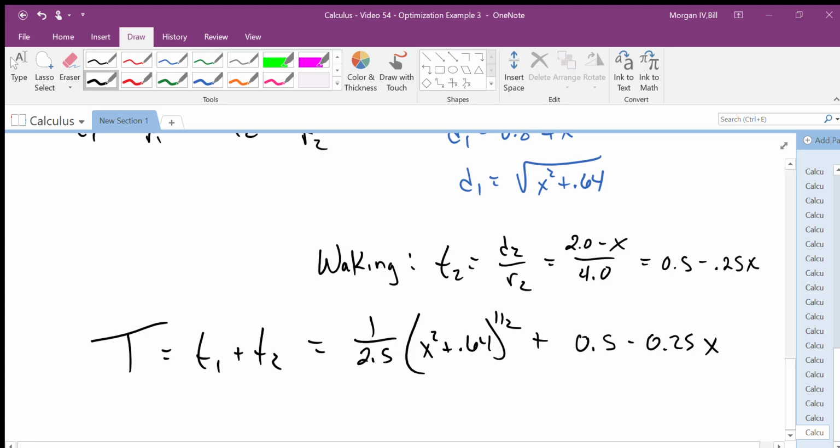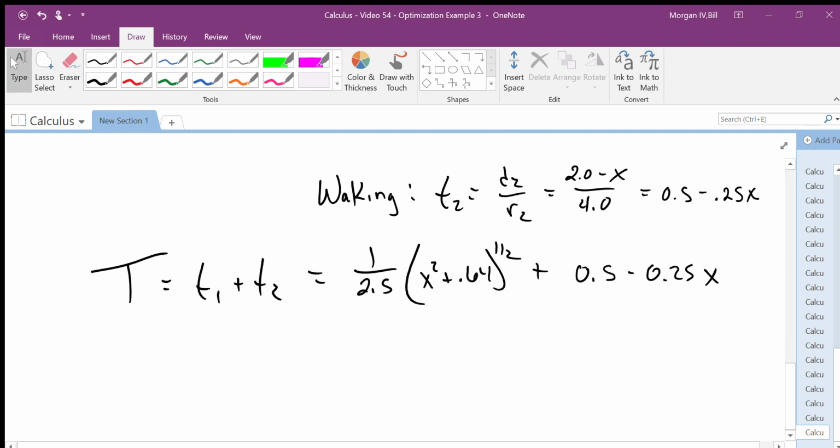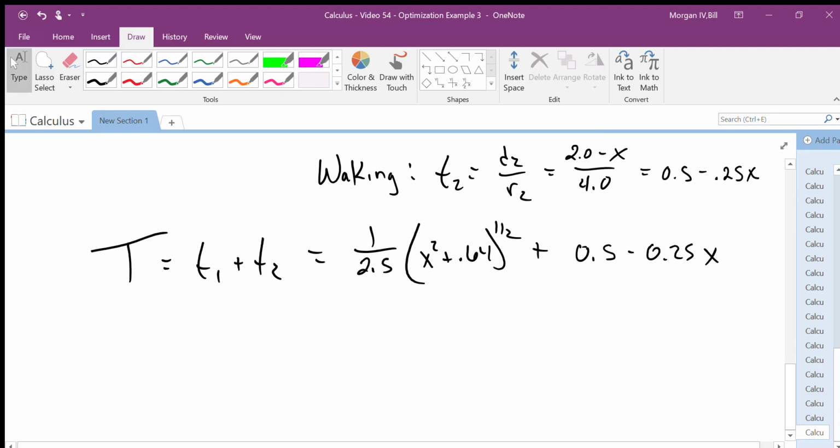We now have a time equation that we want to minimize, and it's all in terms of one variable. Okay, so we can take the derivative. T prime is equal to 1 over 2.5. We'll bring down the 1/2.